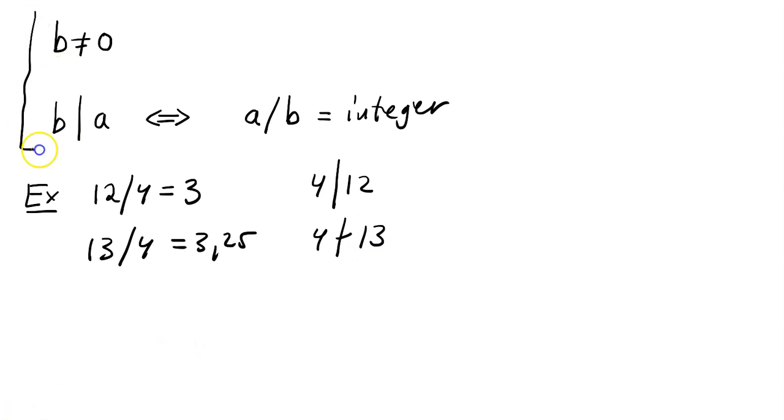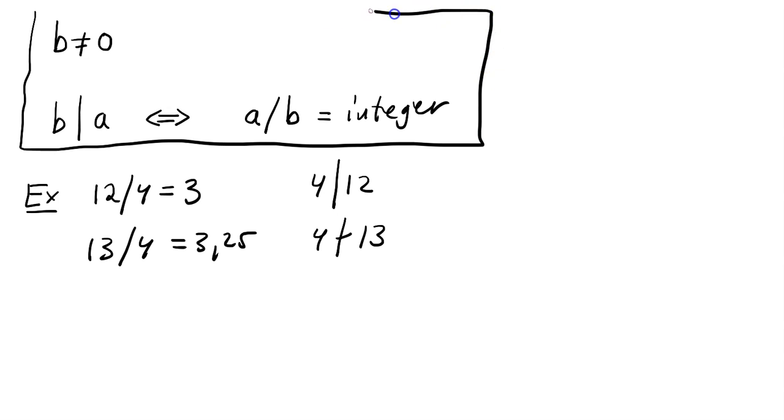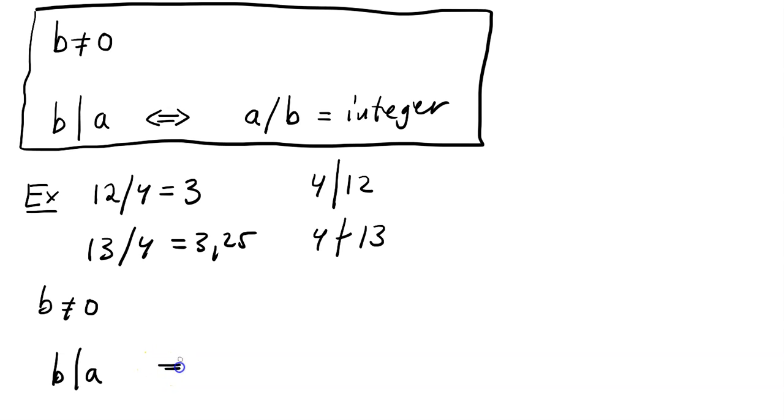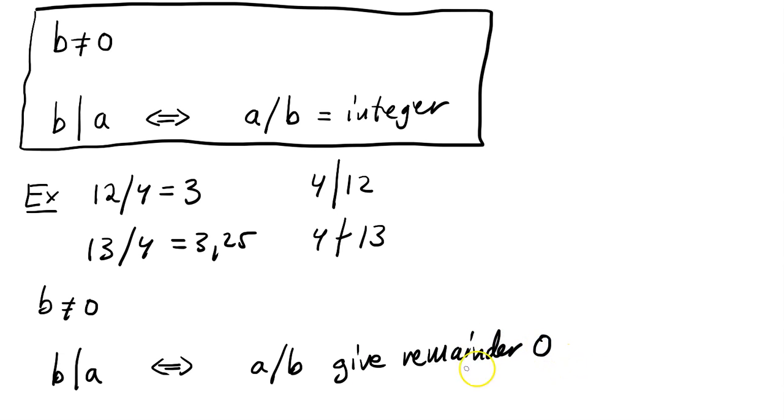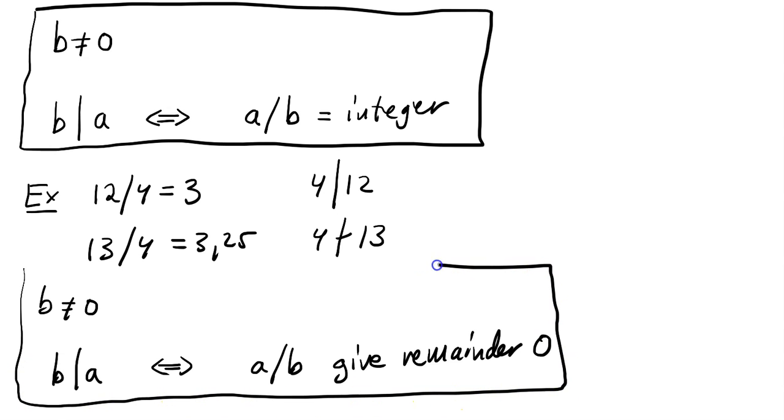Instead of writing it like this, we could just as well write like this. If b is not equal to 0, then b divides a means the same thing as a divided by b gives remainder 0. So that means the same thing as above.